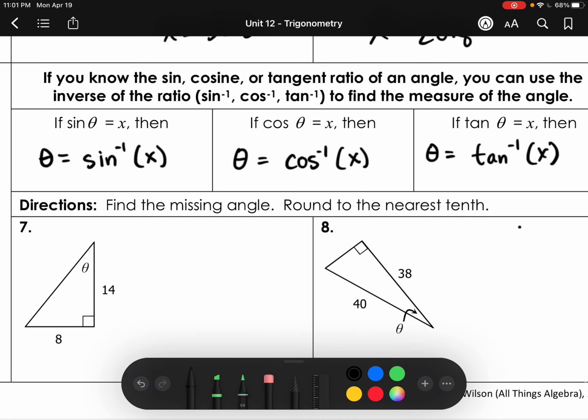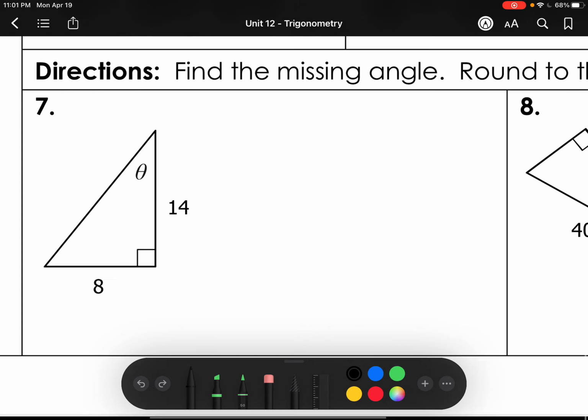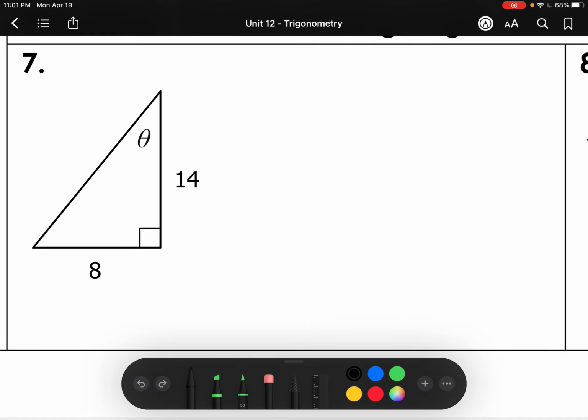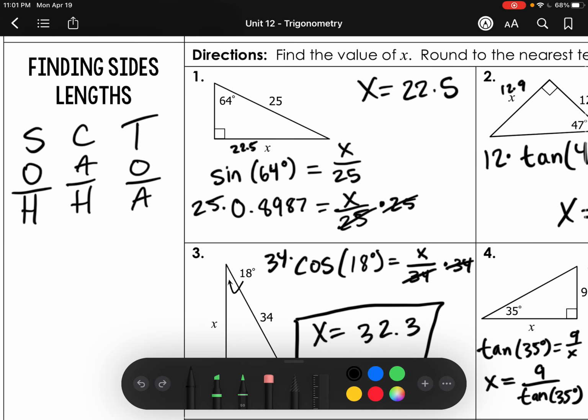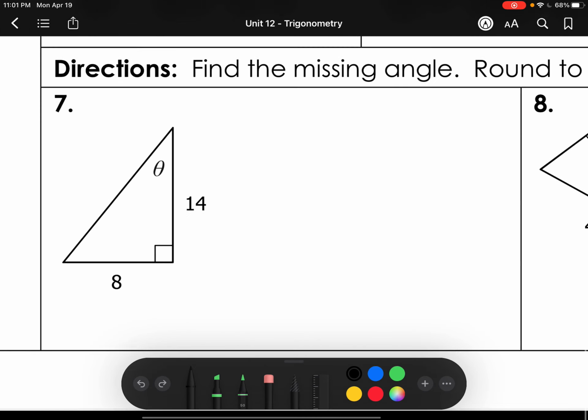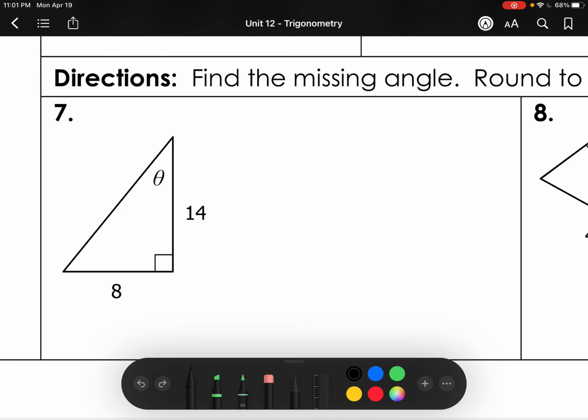All right, so let's look at some examples now. This tells us to find the missing angle. So here for number 7, we're looking at this angle right here. We're given the opposite and the adjacent side. So if you look back over here, opposite and adjacent is tangent. So tangent theta is equal to 8 over 14.